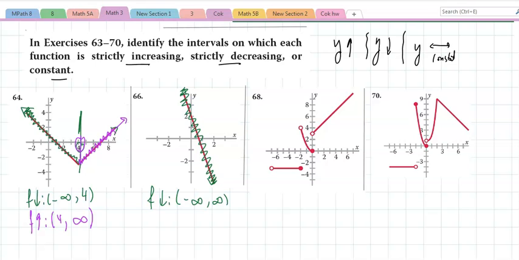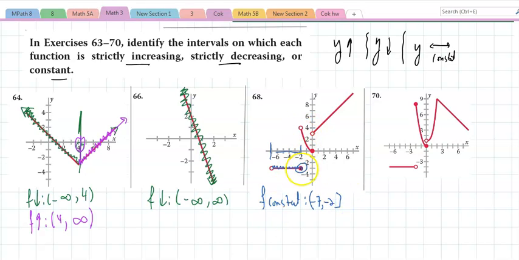If I look at number 68, left to right, we say f is, well, look what happened from left to right. If you're walking left to right, isn't that constant? You're not going up nor coming down. So f is constant from negative 7. Do you see that's not included? Doesn't that run all the way to negative 2? And that's included.